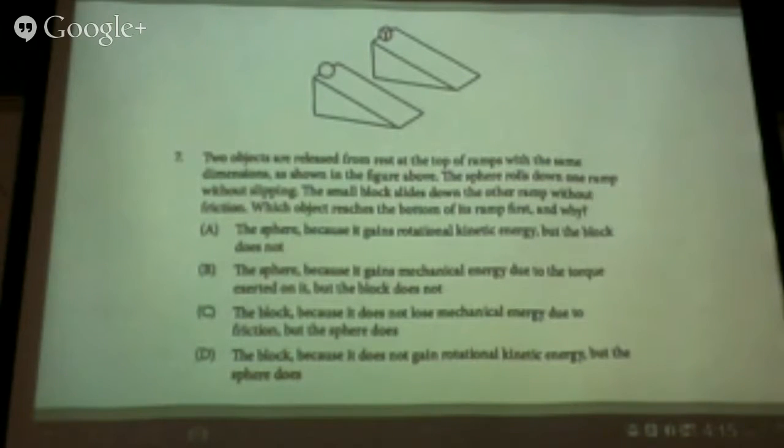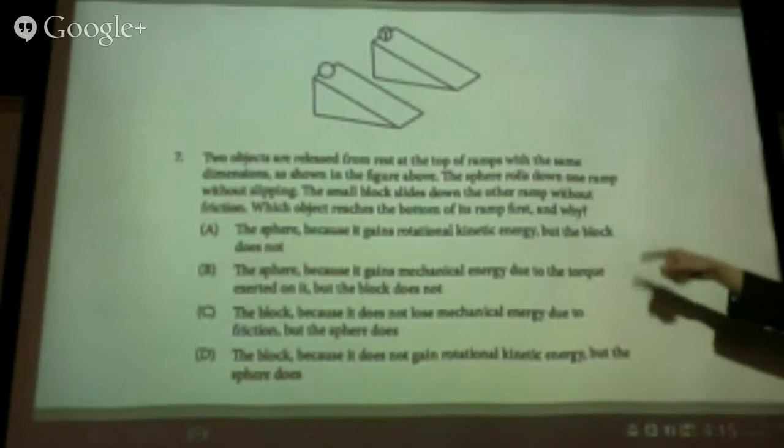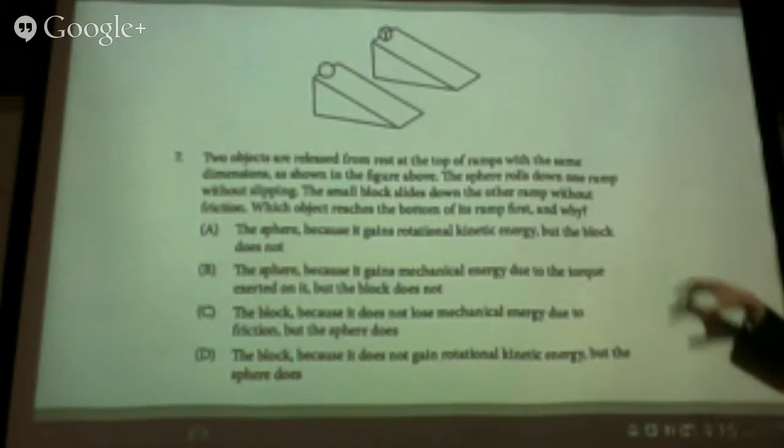It says the ball rolls without slipping. So it's going to be moving down the ramp, but as it does, it's going to be rolling. The block slides down the ramp, but it has no friction on it, so we don't have to worry about work done by friction or energy changed into heat or internal energy. So it's all staying in easily observable forms.